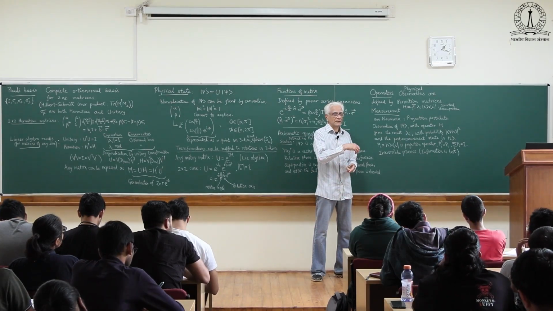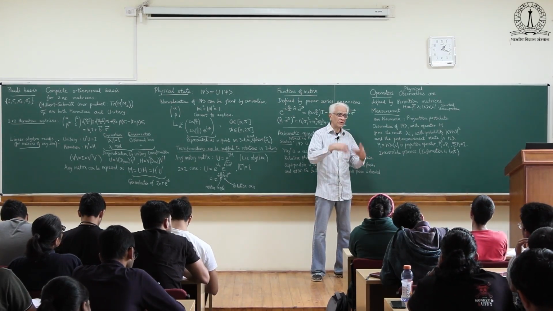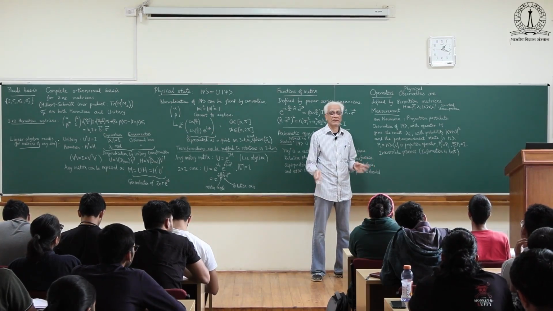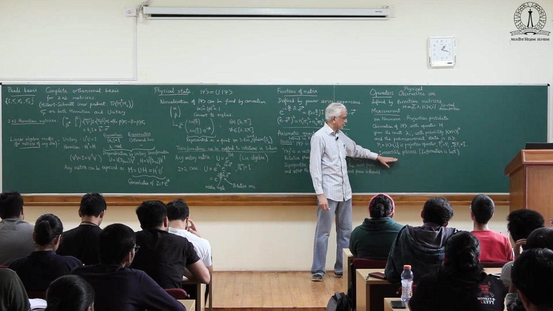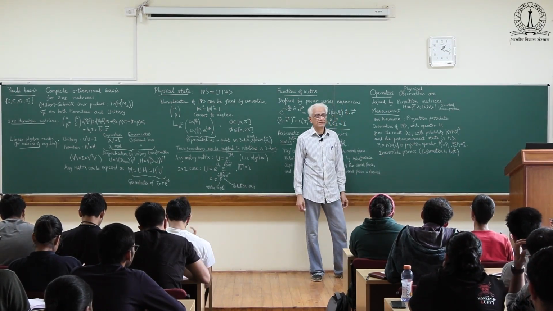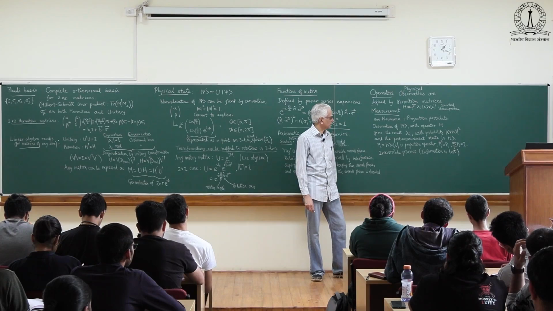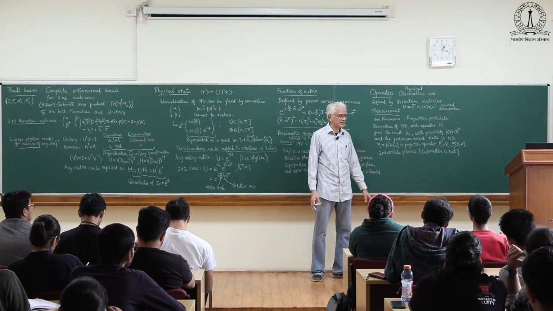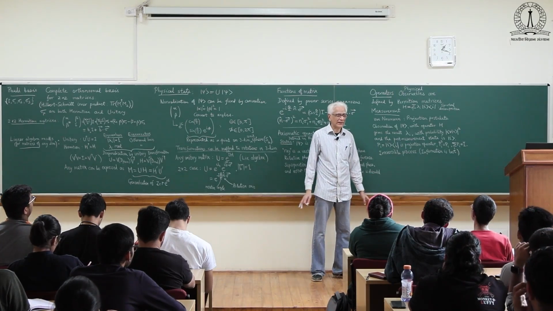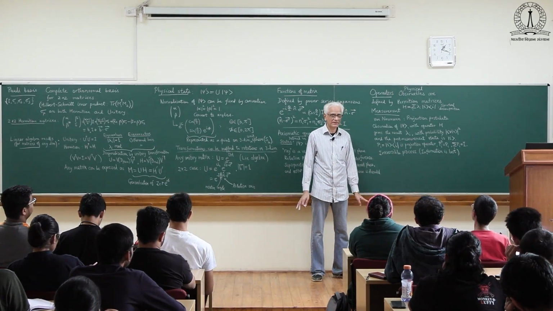But then, what about the y and z? That's gone forever. You cannot recover it. So this is an irreversible process which appears in quantum mechanics. We observe it in experiments. We don't fully understand how it happens, but it happens.